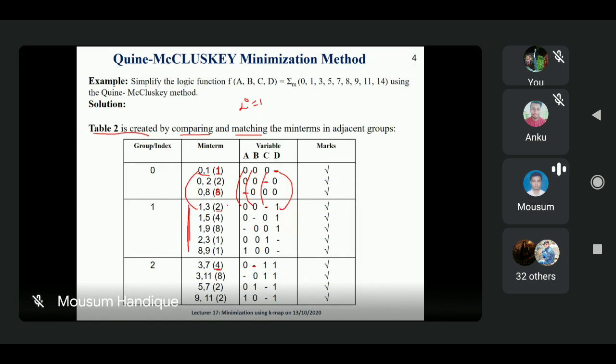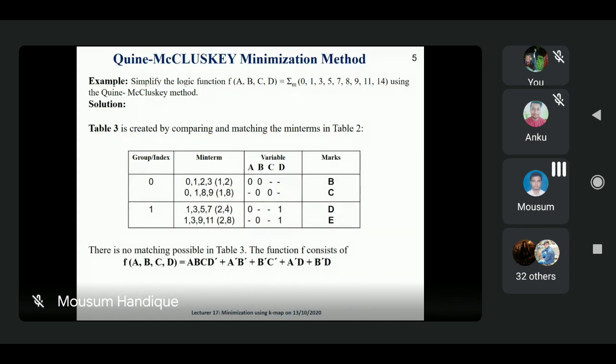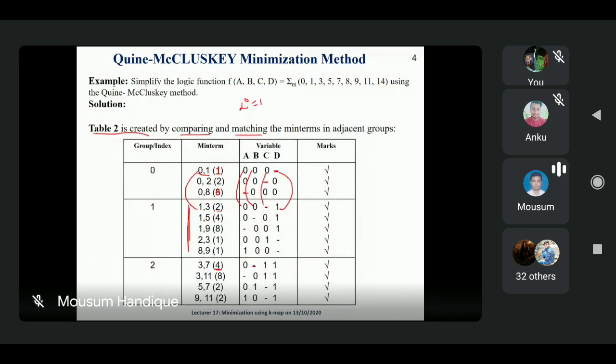Now what is the next? 0, 1, 2, 3. Suppose again you can consider 0, 1, 1, 5. See here, this one is same, 0, 0. But this one is different. Again, this one is same. But again, this one is different. So it is not possible. We cannot group 0, 1, 5.